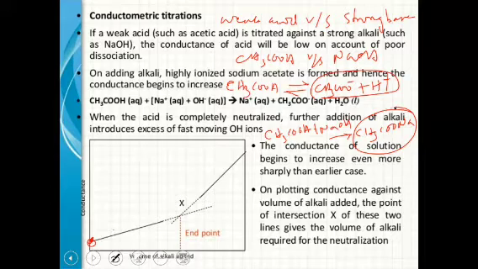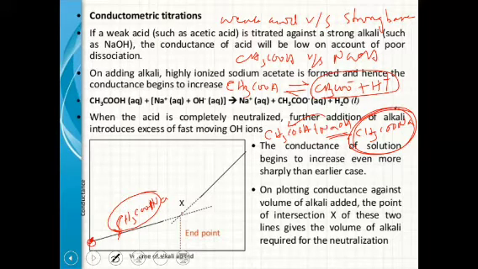So by adding the NaOH solution to the CH3COOH, it can form a strong electrolyte. Due to the formation of a strong electrolyte, there is automatically an increase in the conductance values here. This increase in conductance value is due to the formation of CH3COONa, sodium acetate.